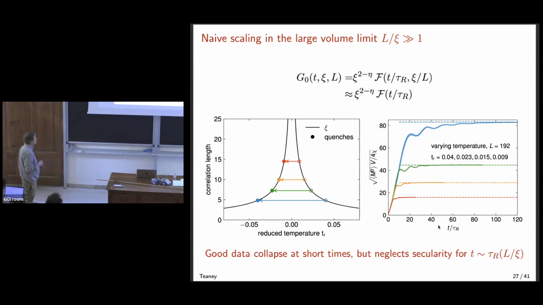Well, it's neglecting terms which become important at late times, for t of order tau r L over c. In going from here to there, we dropped those terms. So we have to analyze what happens at late times in this secular regime.